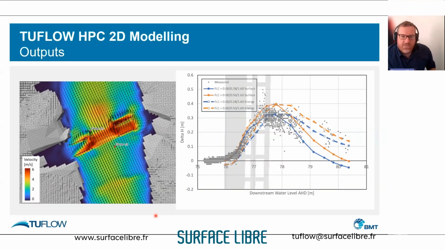We built a TUFLOW HPC model of this, and we again used the layered flow constrictions. So we had one loss coefficient up to the bridge deck, and then we linearly transitioned from that pier loss coefficient up to a peak loss coefficient.